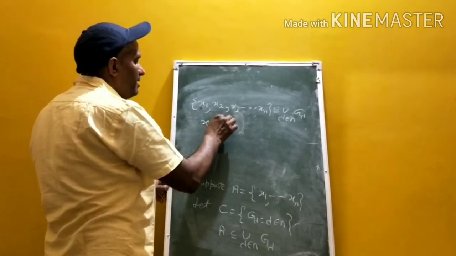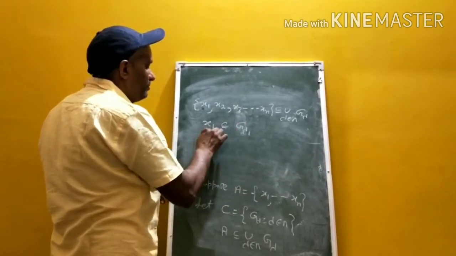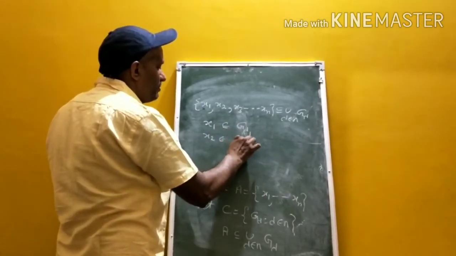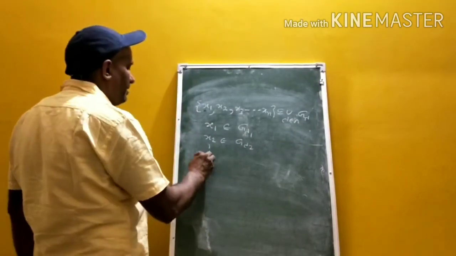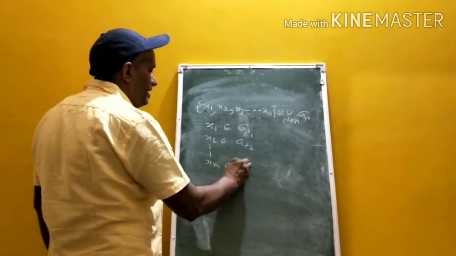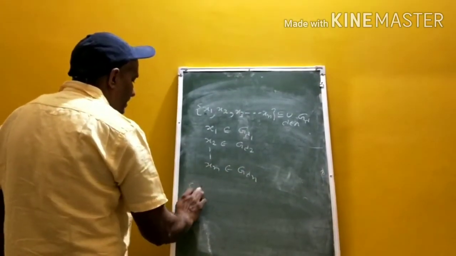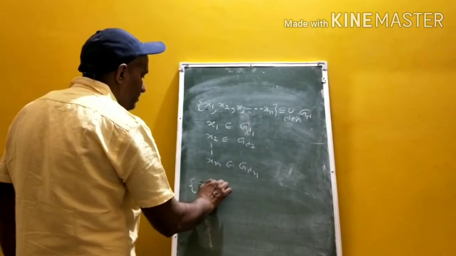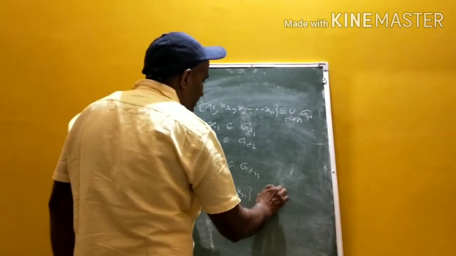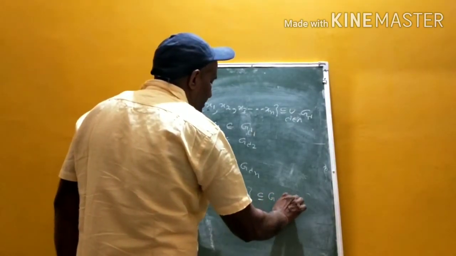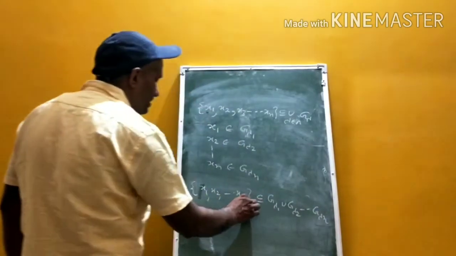Suppose x1 belongs to G lambda 1, x2 belongs to G lambda 2, and so on, xn belongs to G lambda n. Now we take all these elements: x1, x2, up to xn are contained in G lambda 1 union G lambda 2 and so on up to G lambda n.